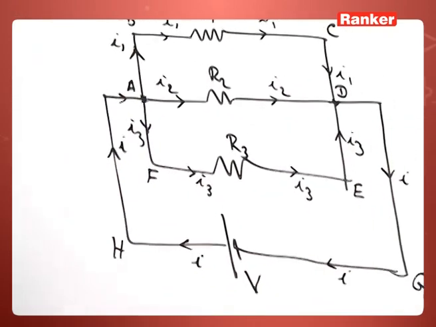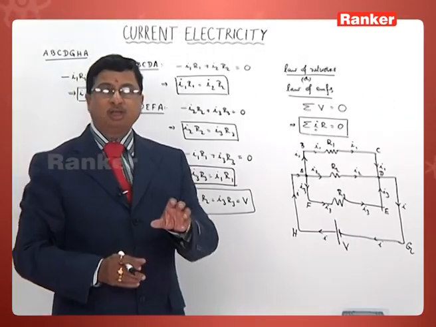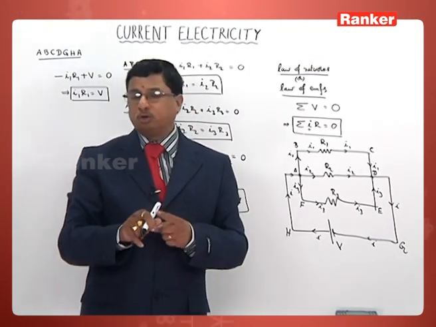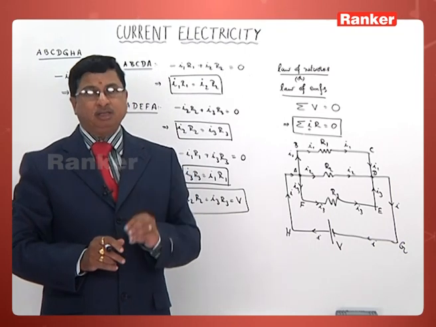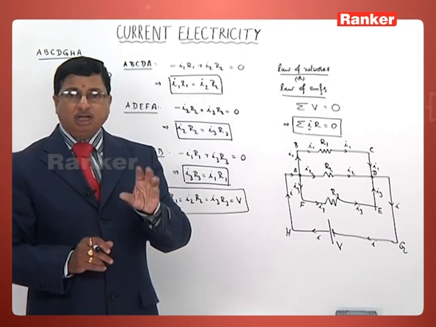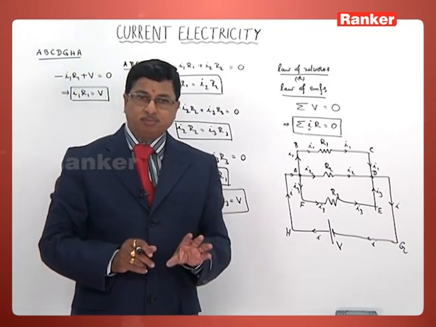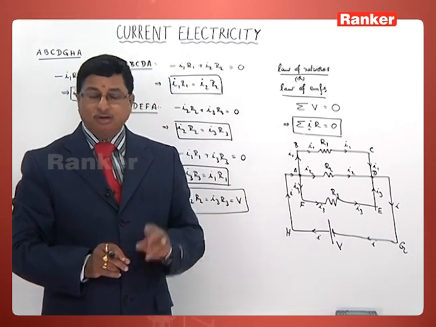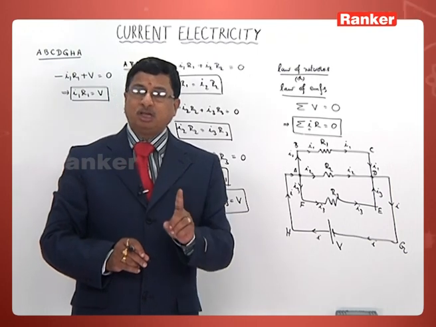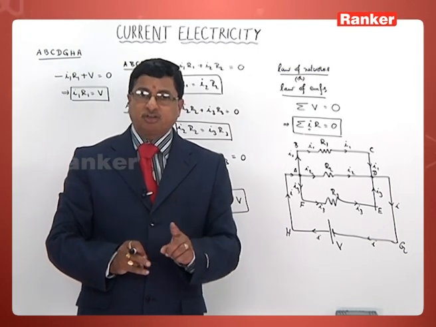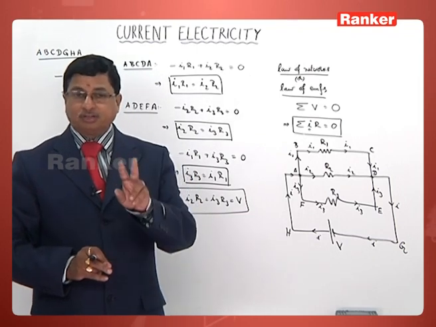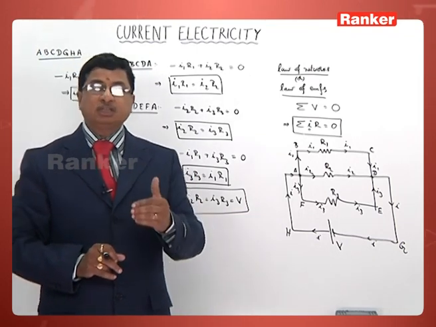So what ultimately we have to remember as far as Kirchhoff's laws are concerned. First and foremost, they are easy to apply and they will make your calculation much easier. You can analyze the entire circuit by parts. And second, the first law is a direct application of the law of conservation of charge, whereas the second law is the law of conservation of energy.